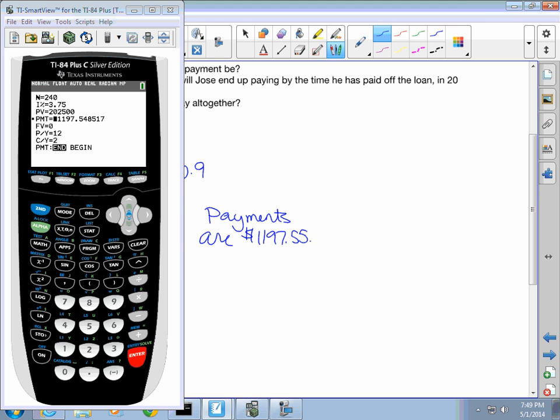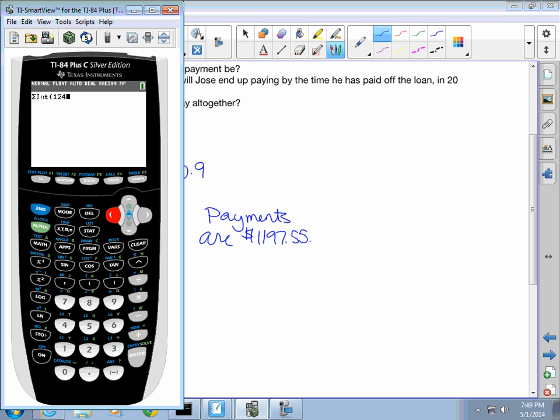this is where I use that other function. I want my finance menu, choice A, so it's from month 1 to month 240.